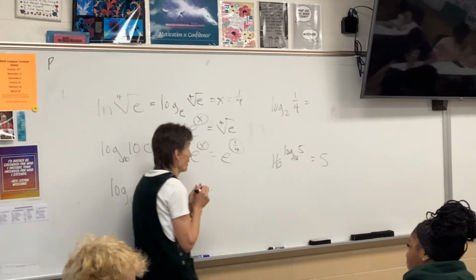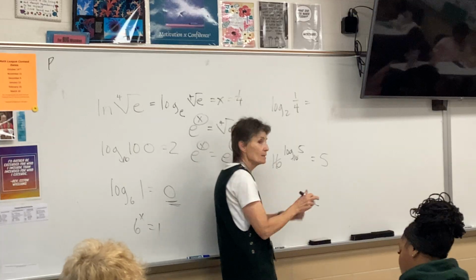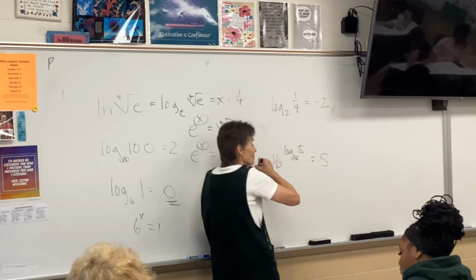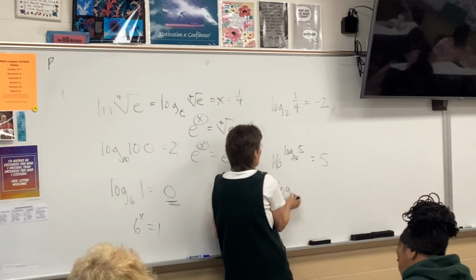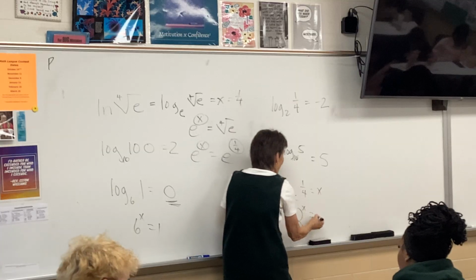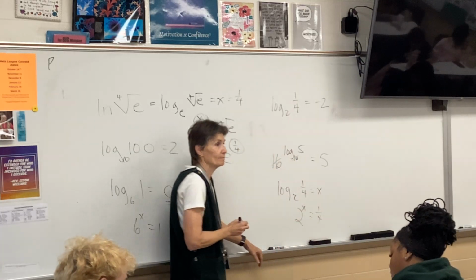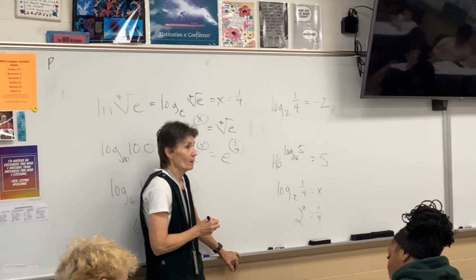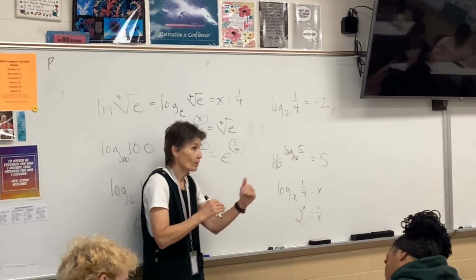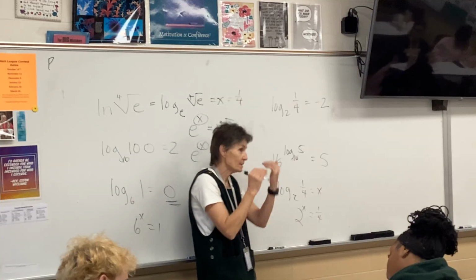That leaves D. Negative 2 is the answer, because the problem says 2 to what power will give me 1/4? It's 1 over, so it's gotta be negative, and 4 is 2 squared, so negative 2.